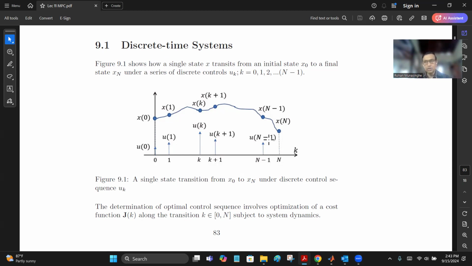Whatever control signal you issue at that point is not within our window of time. It will have an effect beyond that point, which is not of interest to us at this point. We are not looking at whatever profile after time N. So this is how any control system in discrete time evolves.